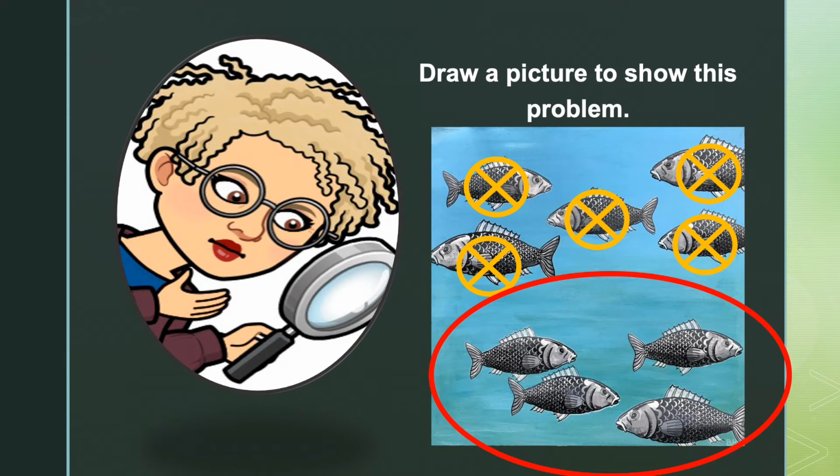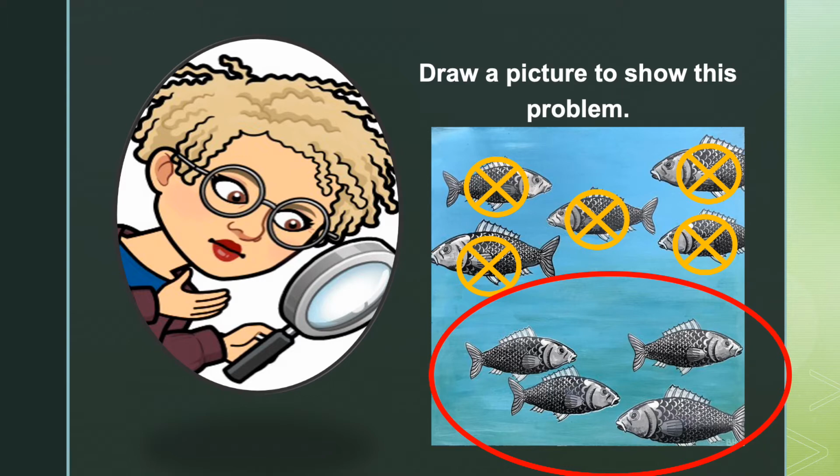If we draw a picture to show this problem, then we need to draw 9 fish because there were 9 fish in the pond. Once we've drawn the 9 fish, remember, we put an X on the ones that we are taking away.